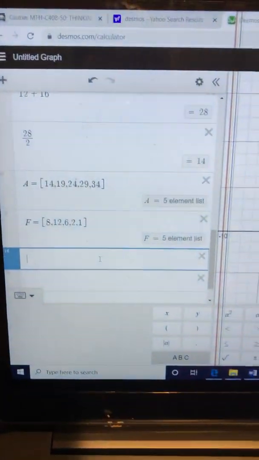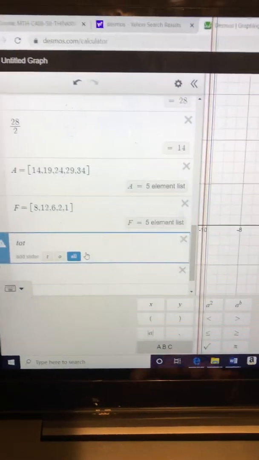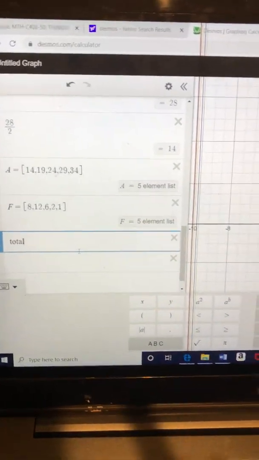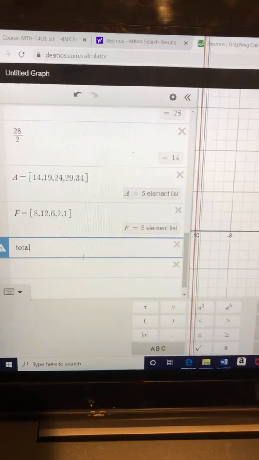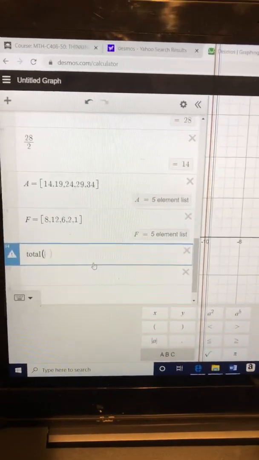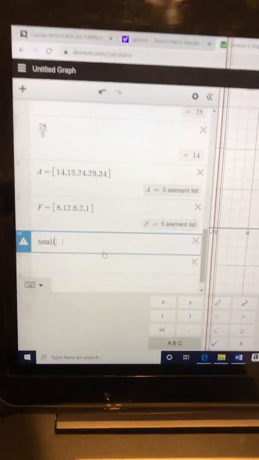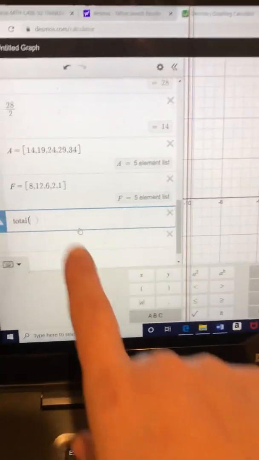So what we're going to do on here to make that work is total. If you do total, it does sum. Because summation notation on this, you have to put in like, starting at 1, running up to 50 or whatever. But anyways, the sum of, you can do F times A.